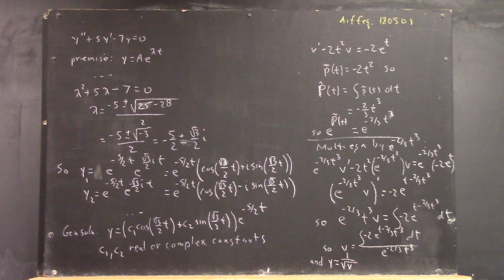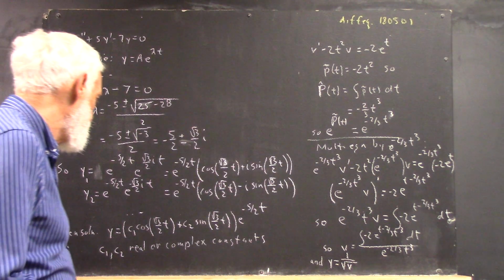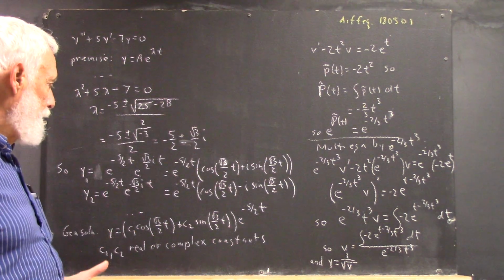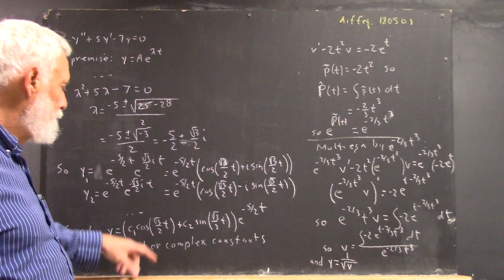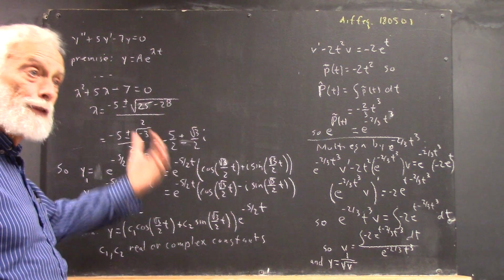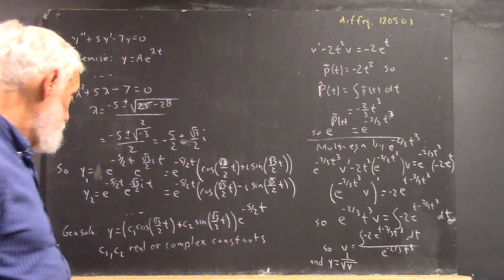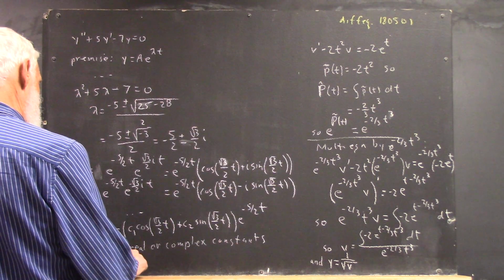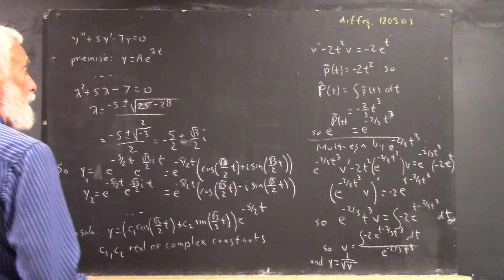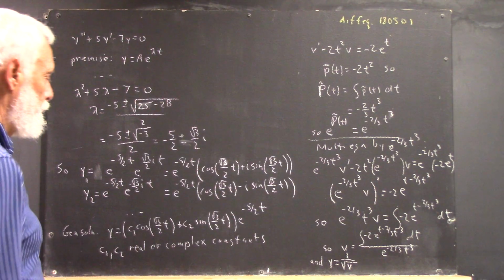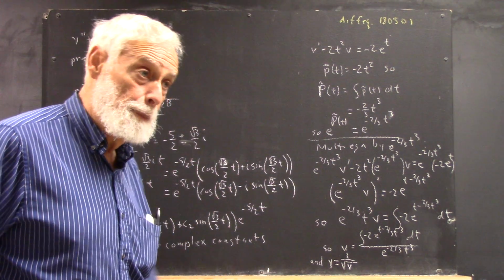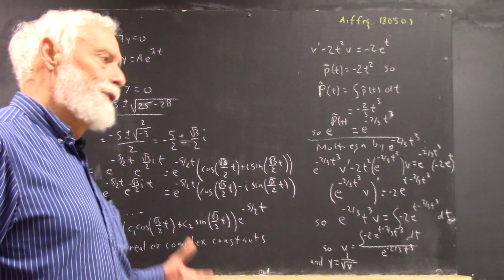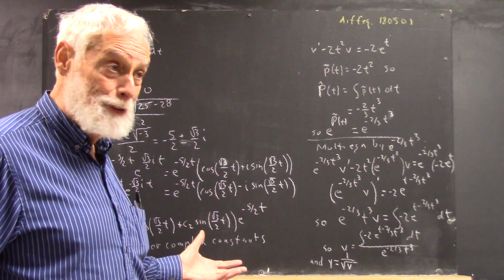Okay? Now, if you confine yourself to real constants, then this can be written as something like A cosine of square root of 3 over 2 t plus phi, right? And that would be the general solution, because the general solution would have imaginary parts, and that doesn't, unless, of course, A could be a complex constant, right?